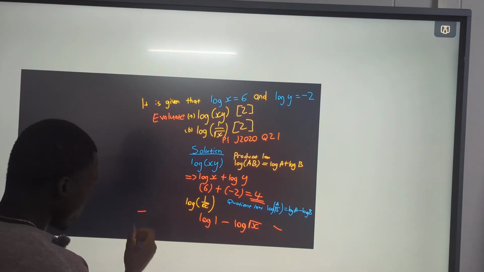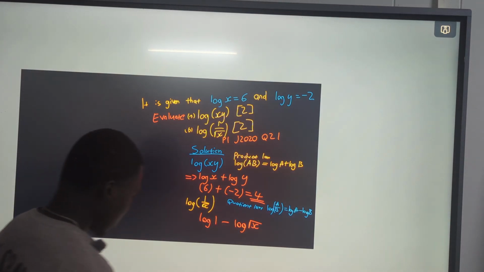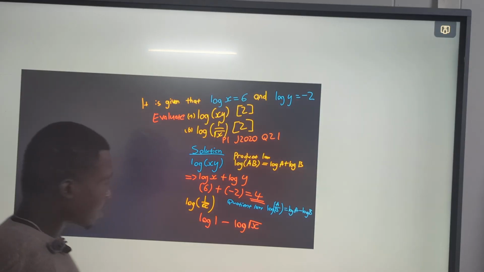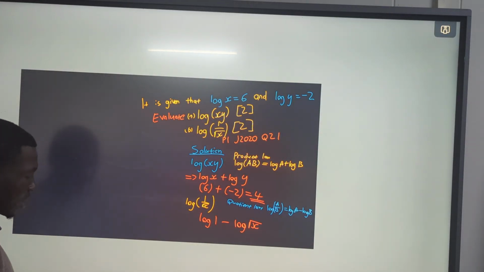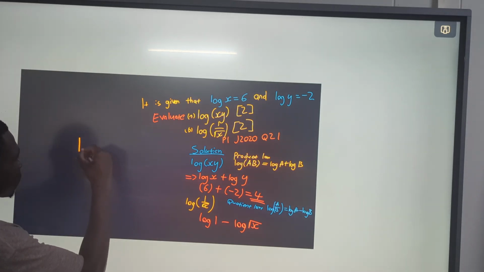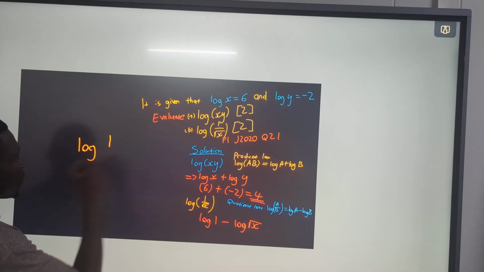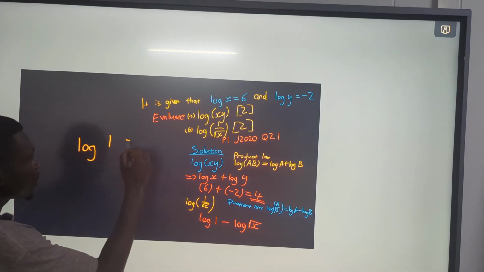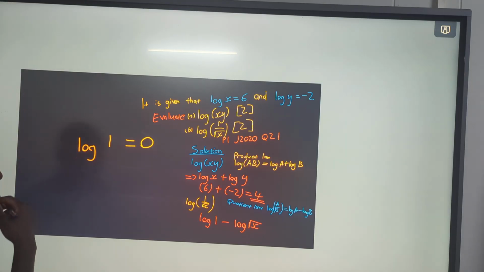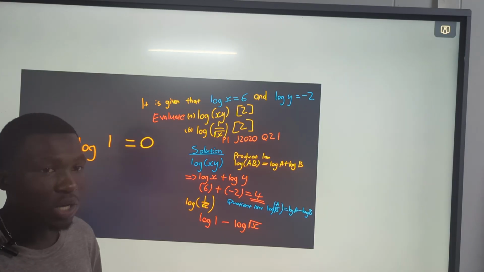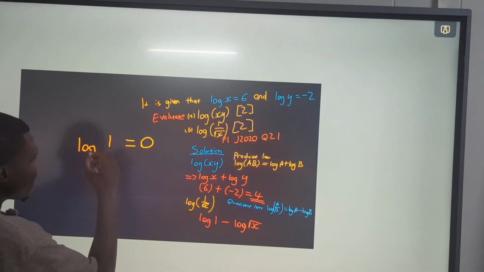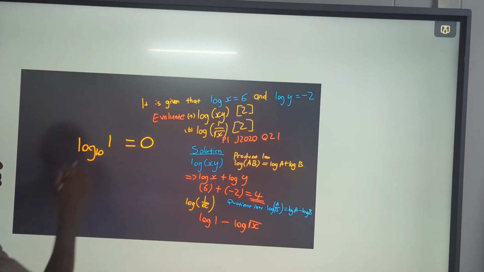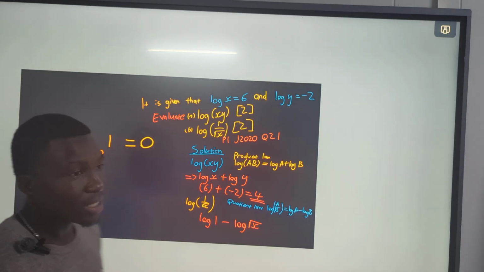If you are given your argument as 1, so log 1, this equals 0. The question did not specify a base, so for your syllabus that means base 10. We don't write log 1 base 10, we just write it as log.